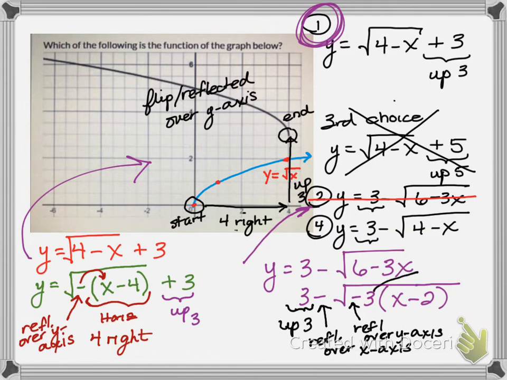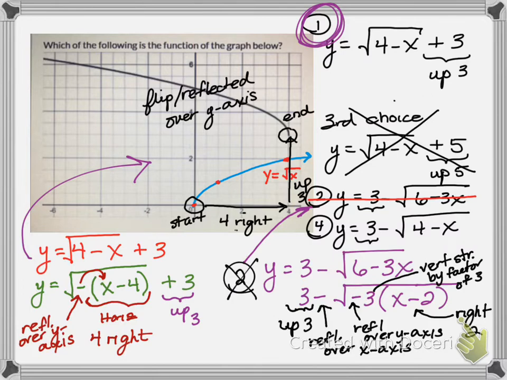This 3 is telling me I'm having a vertical stretch by a factor of 3. And what is this doing? It is going to the right 2. So that's how you algebraically justify why 2 was not an answer, okay?